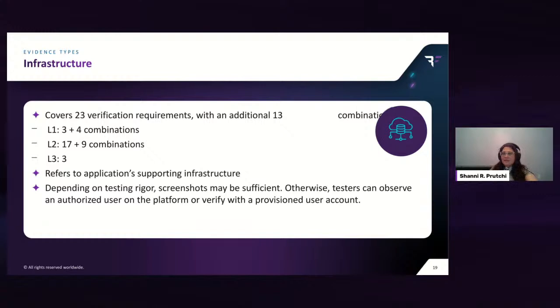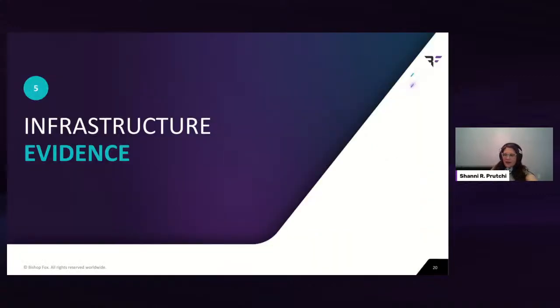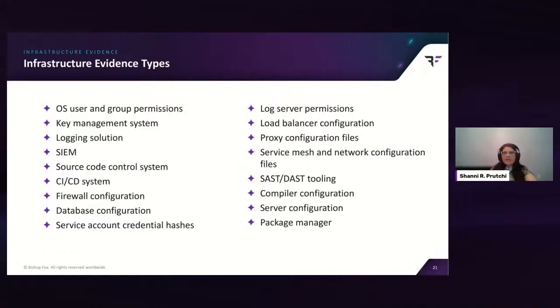So now is when we get to the complicated part, which is where you need access to what. As we mentioned earlier, infrastructure can refer to the application supporting infrastructure. So as a result, we'll need access to things like source code control systems, logging solutions, key management systems, server configurations, permissions, all sorts of things.